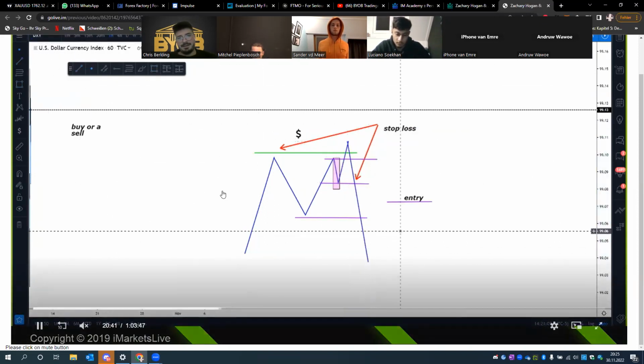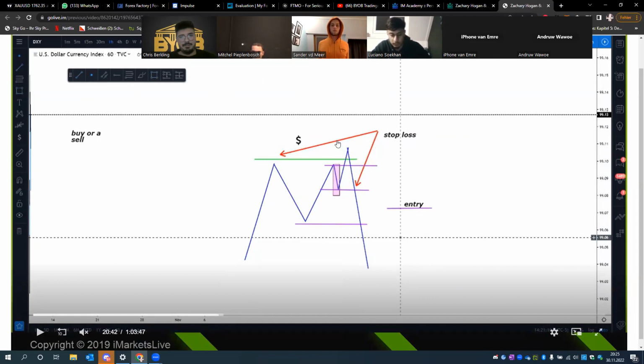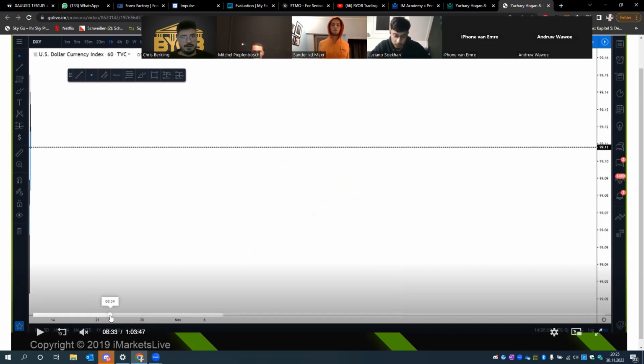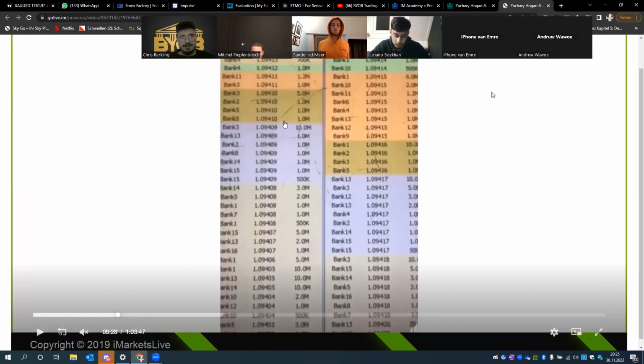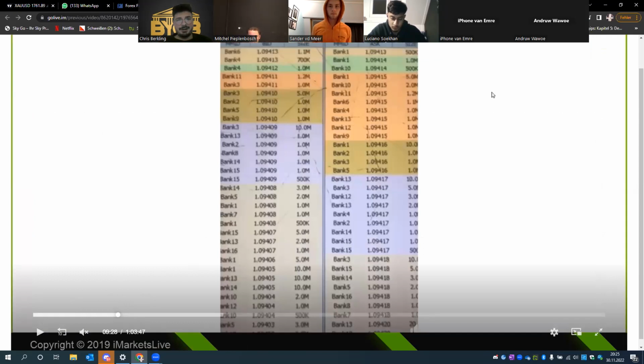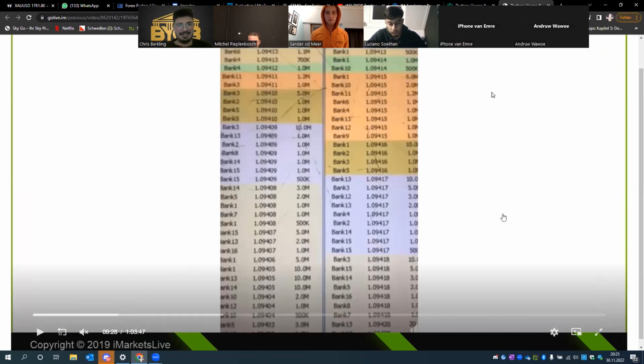So see, this is the pattern that I showed you. Stop got taken out here, stop got taken out there. This is liquidity. This happens over and over again. And with the order book picture, this is what banks move. This is their lot sizes, by the way, guys.